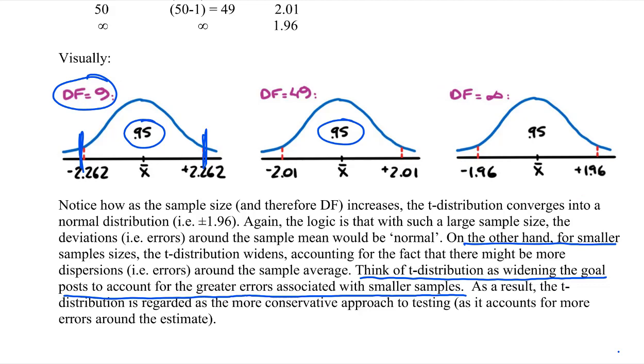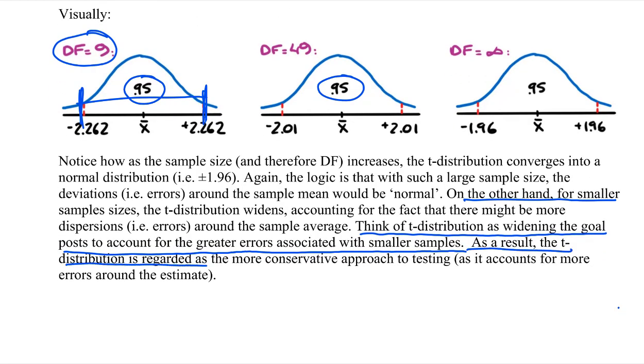So when you have a small sample, or you don't have too much confidence in your sample, in other words, the sample is unreliable, most analysts use t-distribution so that they can factor in wider goalposts.